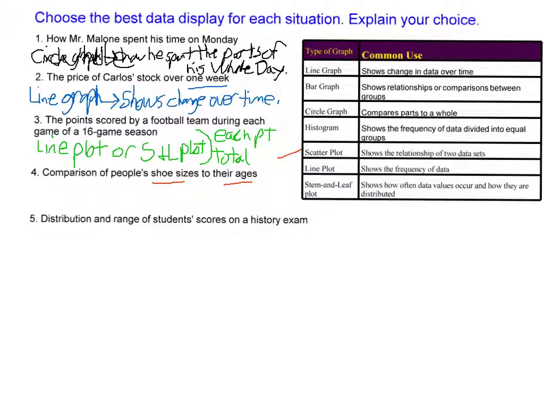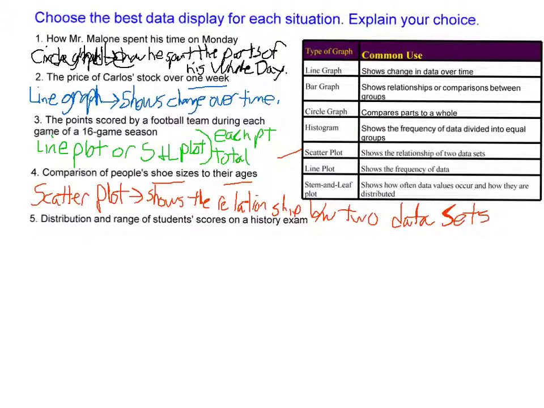And when you pick two things that are different, a scatter plot is a good way to see, is there some relationship or correlation they have between each other? Is there something that one of them affects the other by? So scatter plot would be good. And we would be able to see the relationship between these two data sets, between shoe sizes and ages.